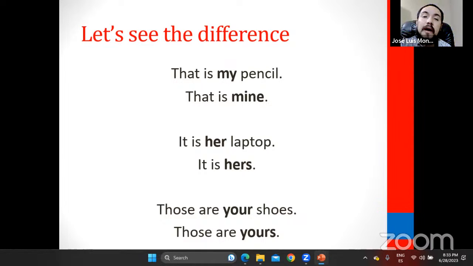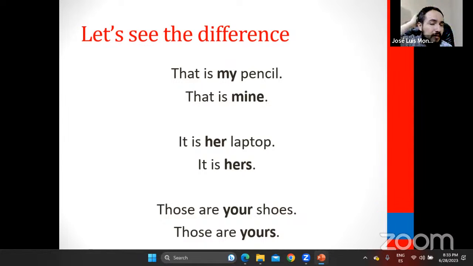So that is my pencil, adjective. That is mine, pronoun. Because what do I do with a pronoun? I replace or substitute one thing. You can substitute a person in a job position, or you can substitute a word, and it represents that word.